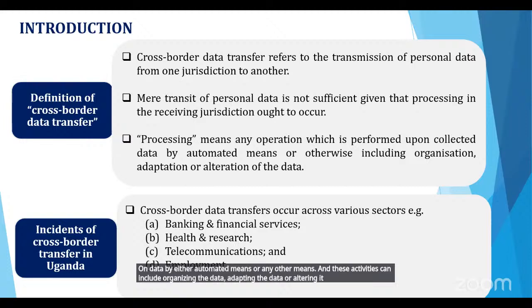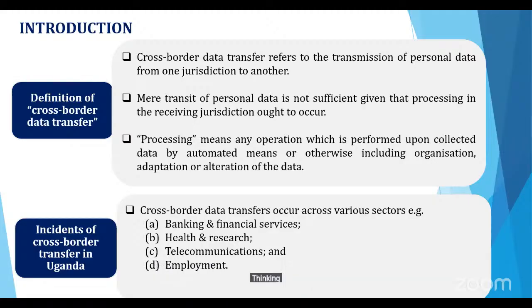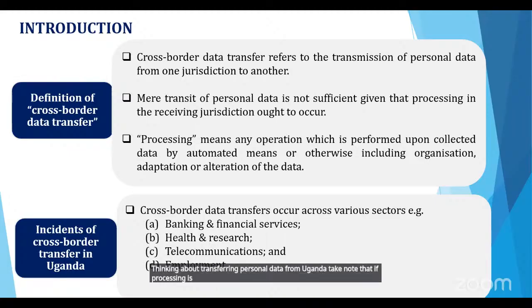But I encourage you to look at the Act and see the exhaustive definition for it. It's a bit wordy, but to appreciate that if you're thinking about transferring personal data from Uganda, take note that if processing is going to happen in the receiving jurisdiction, your antennas have to actually spring up and you have deeper considerations of that proposed activity.